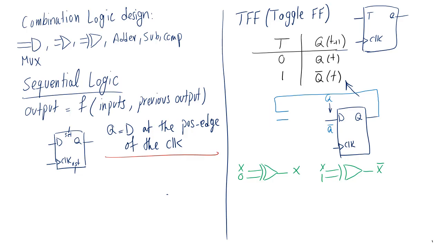So if I just XOR these two signals and feed that to a D flip-flop, I can draw a line around this whole thing. So let's say that this is my Q output.